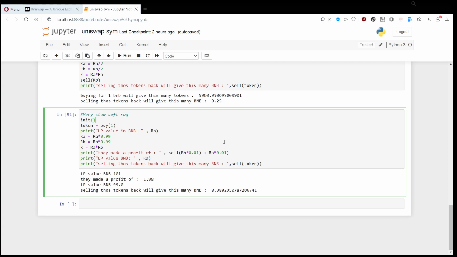And this is in fact happening on very large tokens, tokens which have a $1 billion market cap.